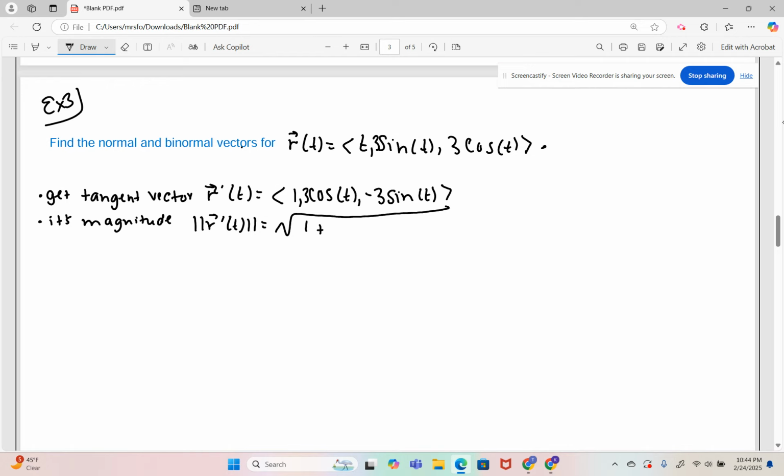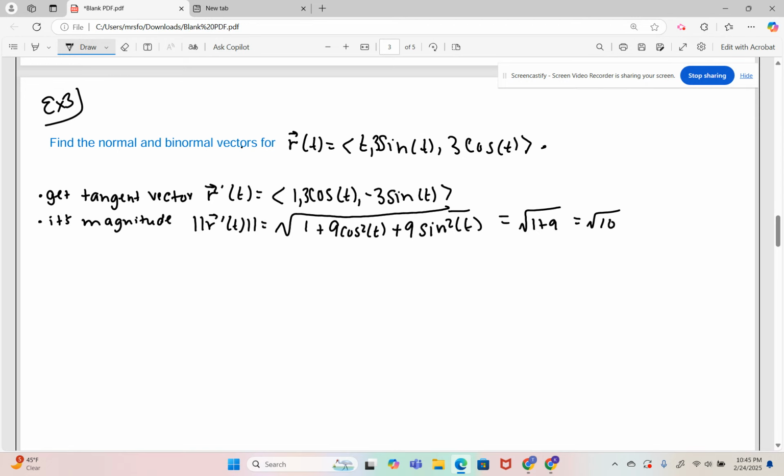So now squaring, that becomes 9 cosine squared t plus 9 sine squared t. So because now these are the same, we can factor out the 9. We know that cosine squared and sine squared is 1 because we just talked about that. So that would become 1 plus 9, which is the square root of 10.